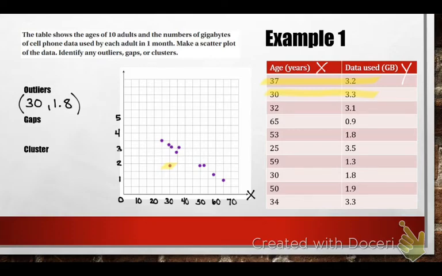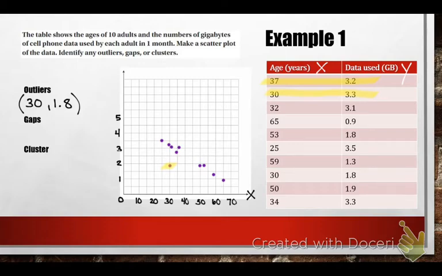All right, so gaps. Do you see a gap? Like here we have this data and then we have nothing. Do you see a gap going on here? I see a gap between, and usually we'll describe gaps in clusters using the X values. So what X values do you see with no information? What's the range? From 45? Yeah, you're close.